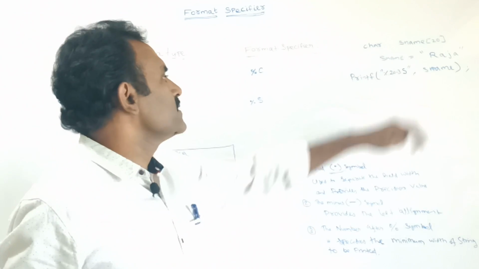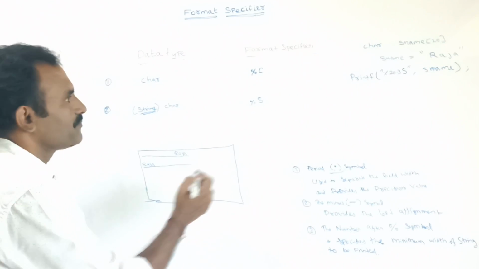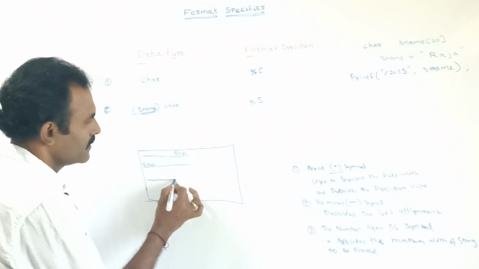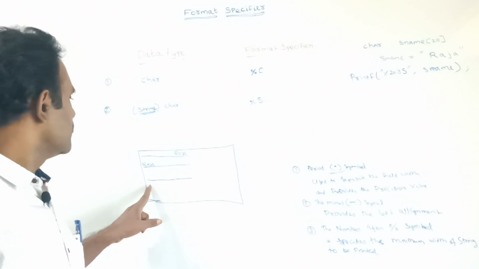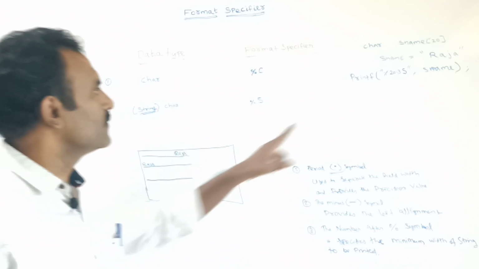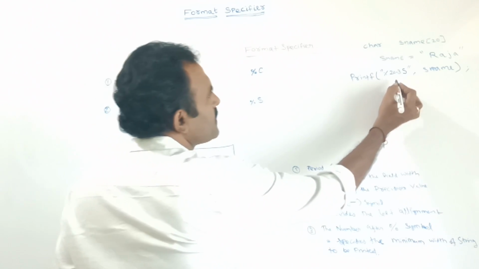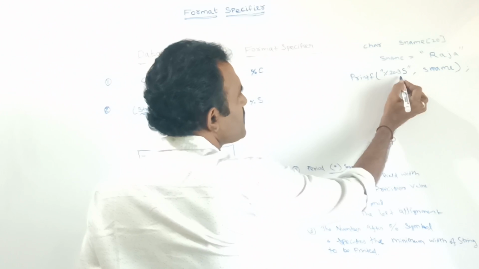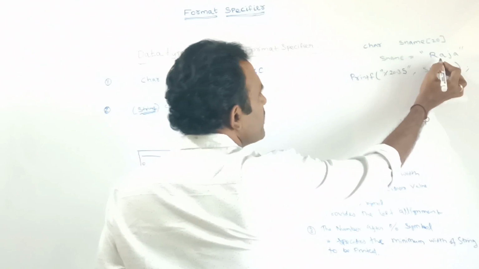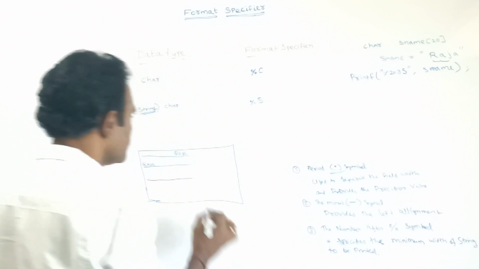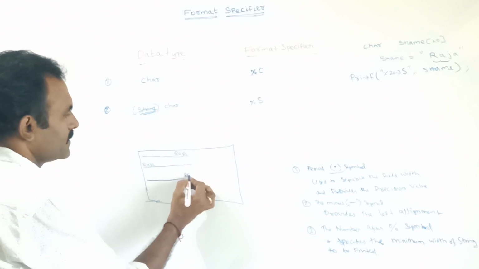Here 20.3 means it takes the width of 20, and this .3 specifies the precision, that is in the name totally it takes 3 letters. Here it will print it as RAJ.